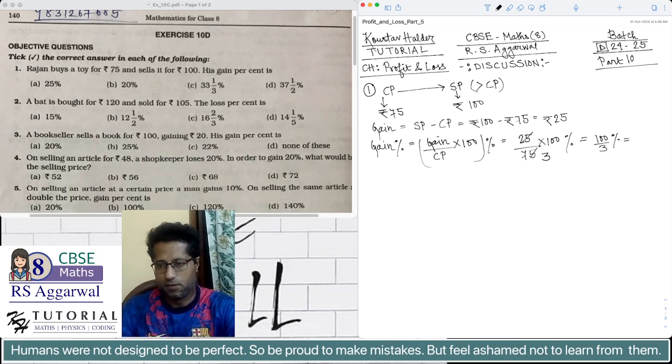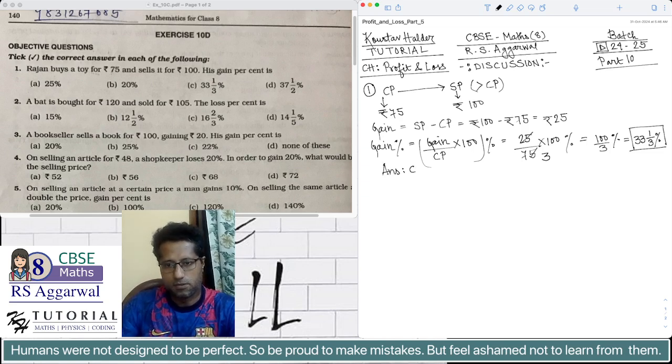Now 100 by 3, whenever you have a percentage as an improper fraction, always convert it into a mixed fraction. So 100 by 3 is 33 1 by 3%. So the gain percent is 33 and 1 by 3%. So the correct choice is C.